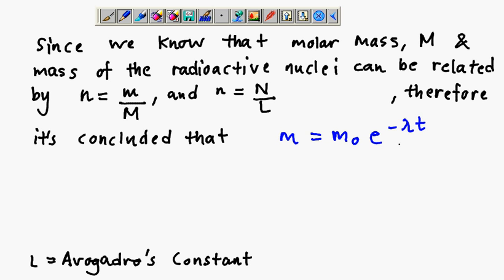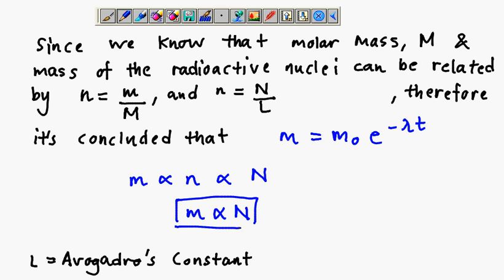Why can we make such a conclusion? Because m is proportional with n, and n is proportional with big N, so they are directly related.